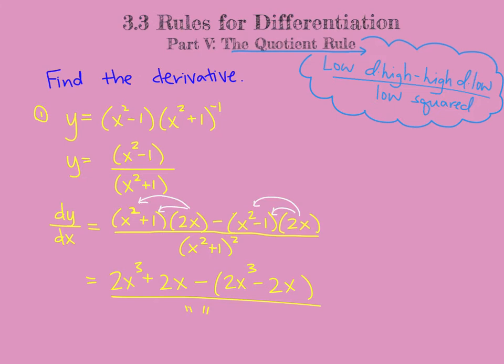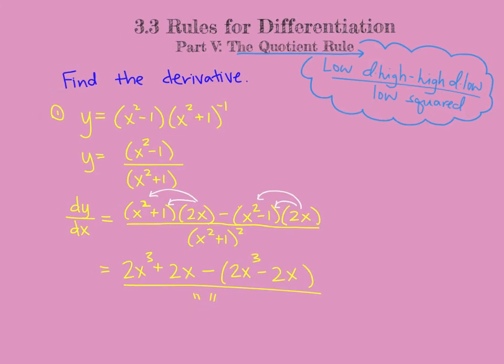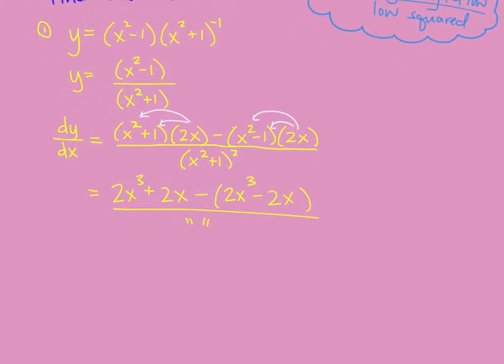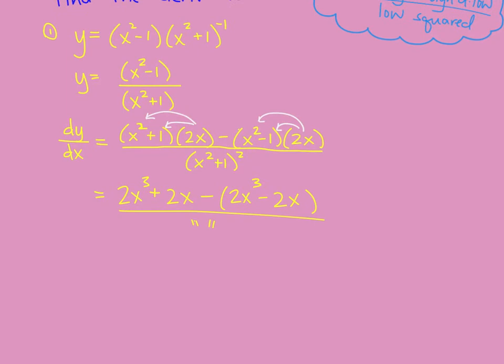When we keep going here, we'll distribute the minus sign through. So we'll have 2x cubed plus 2x minus 2x cubed plus 2x all over the denominator.